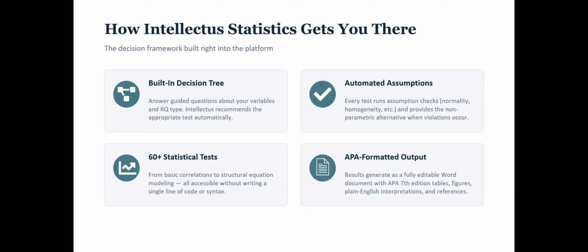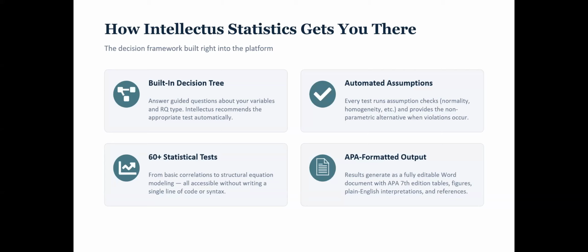Intellectus, which I'll show you in a moment, has a few functions to help streamline these things. We have a built-in decision tree that steps you through the process. Once you go to do tests, there are different tests to be had there, with assumptions built in as well as the interpretation thereof, and things come out in APA.